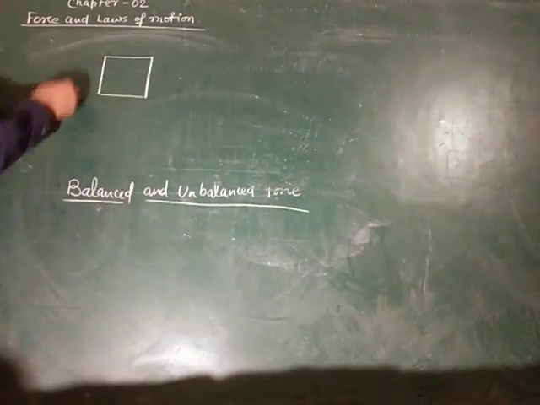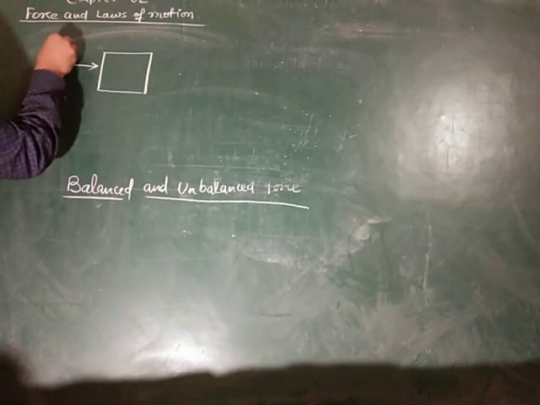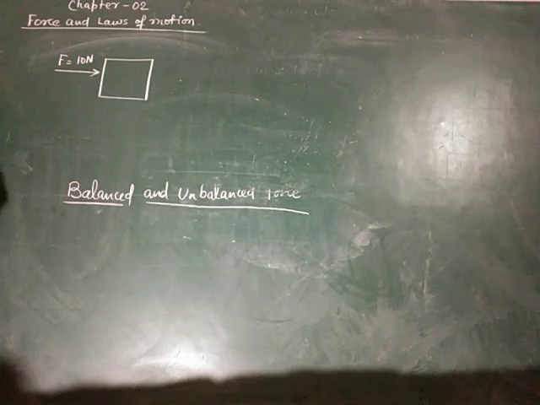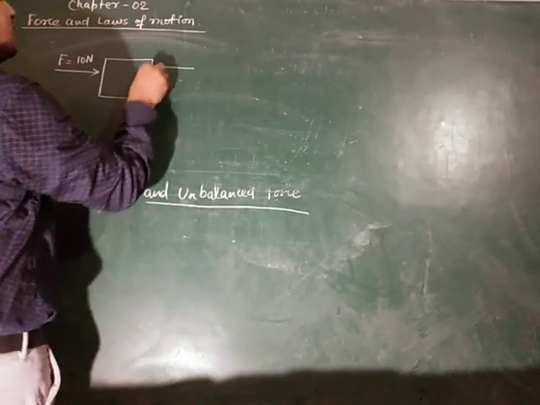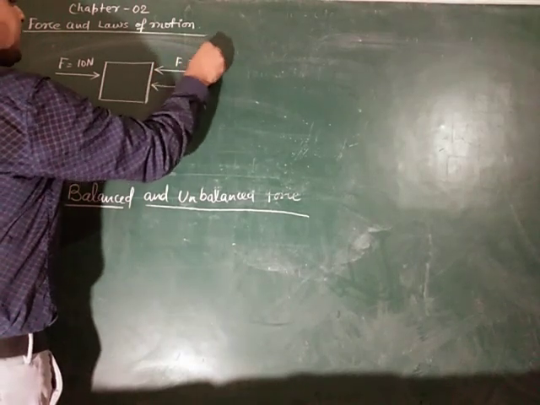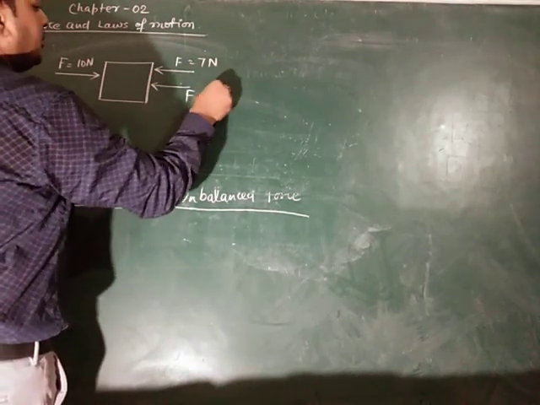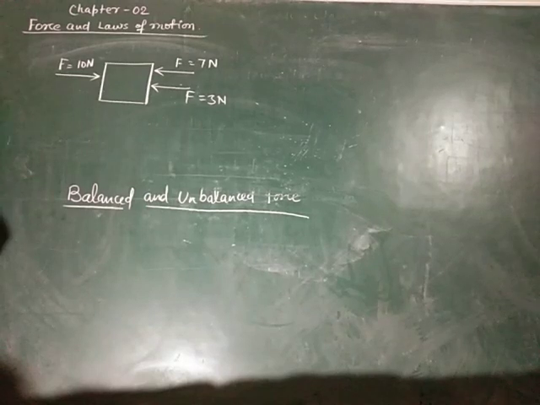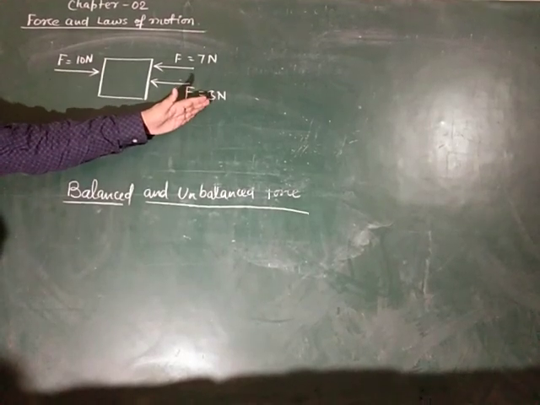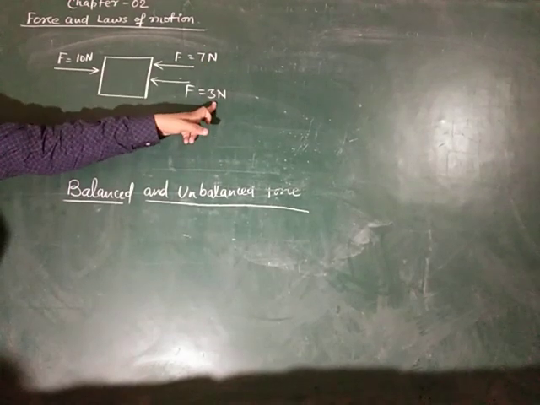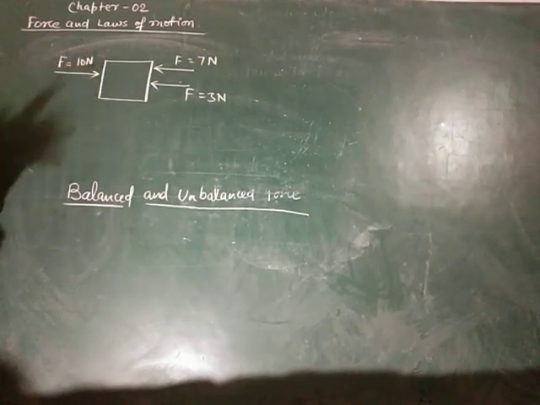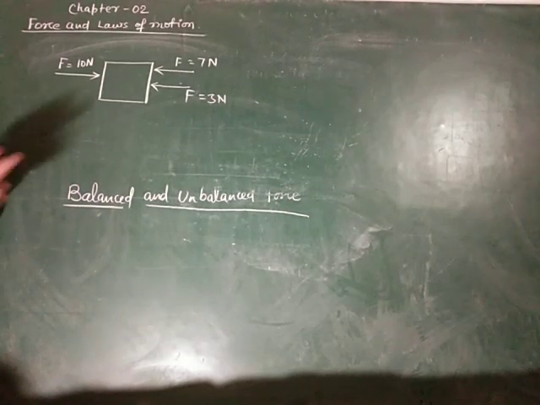If a force of 10 Newton is exerted from this side, and there are other forces exerted in this direction, F is equal to 7 Newton and F is equal to 3 Newton, then 7 plus 3 is equal to 10 Newton. So from both directions, the force is 10 Newton.